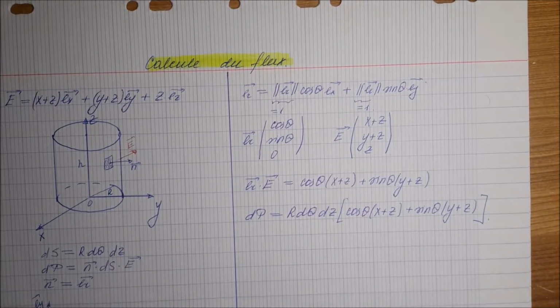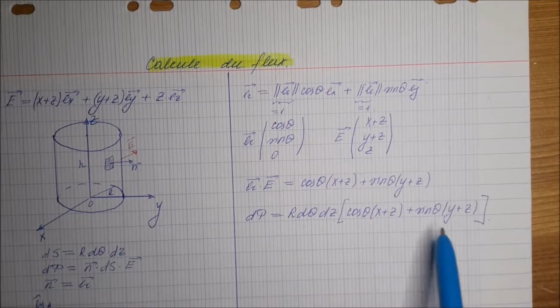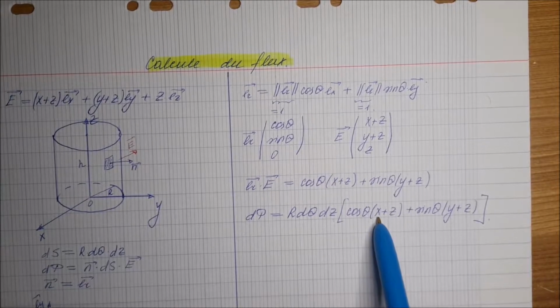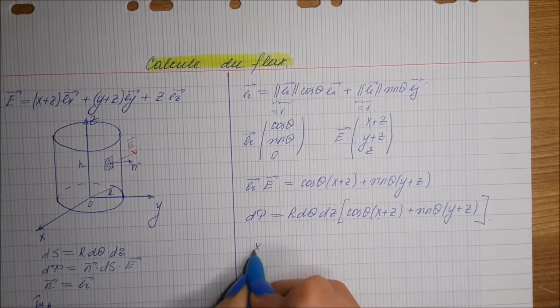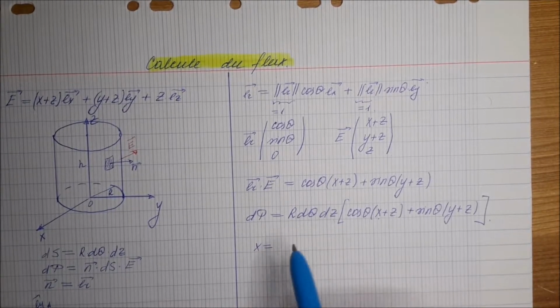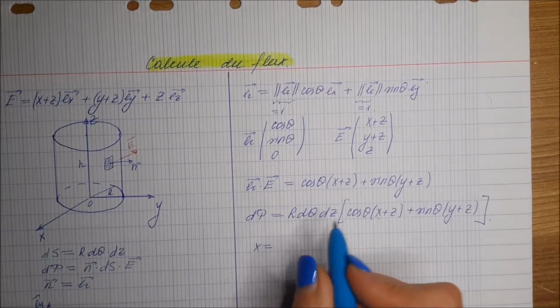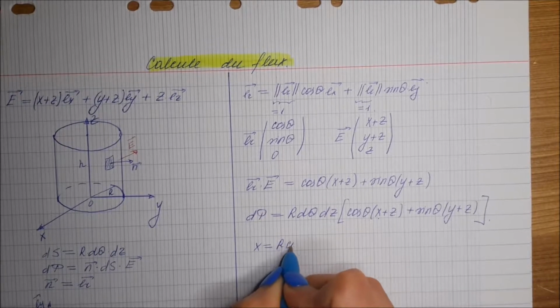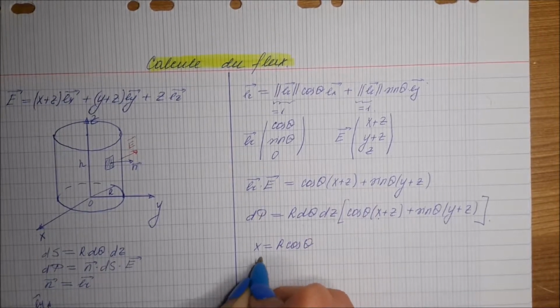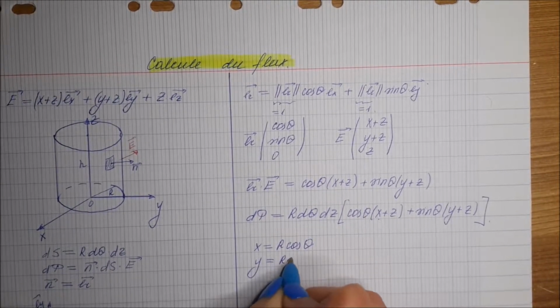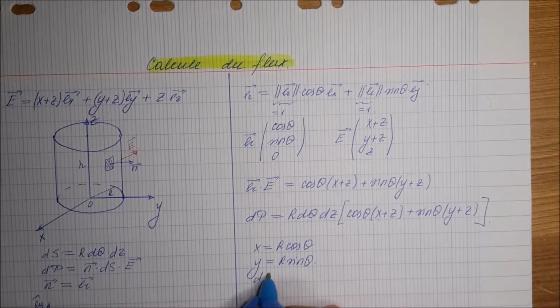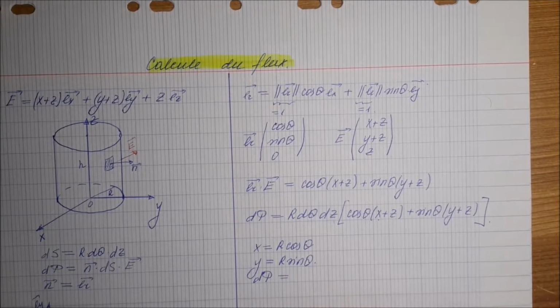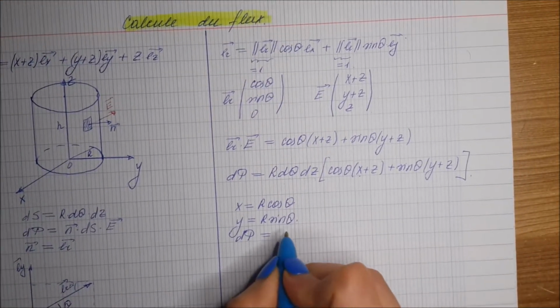So if I want to integrate, I need to express them as a function of theta. And I know that in the polar system, x can be written as r times cosine theta, and y can be written as r times sine theta.